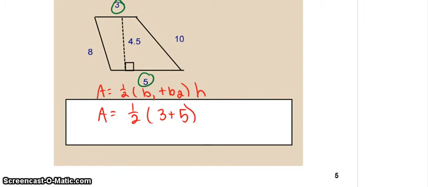Which one do you think is the height? Our height is 4.5 because that's the perpendicular distance between the two bases. So 8 and 10 are extraneous information. We're going to type this straight into our calculator. Remember to include your parentheses. Which gives you 18. And it would be units squared, centimeters squared, whatever your units are.